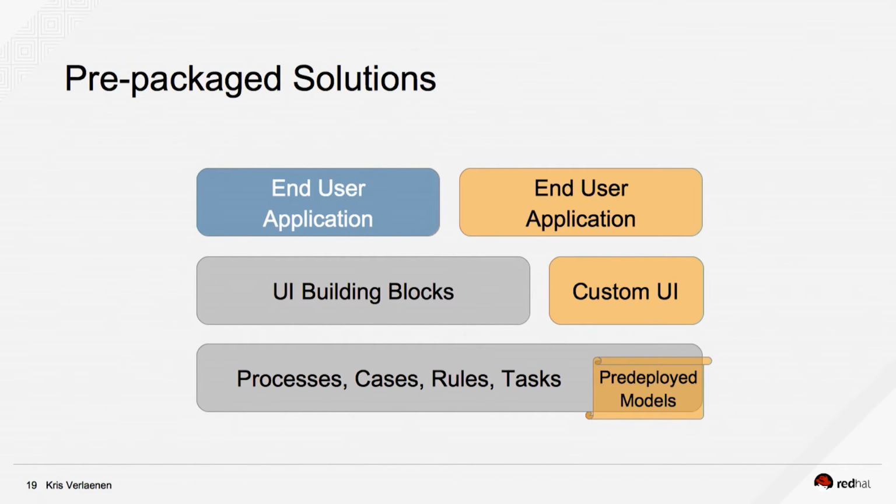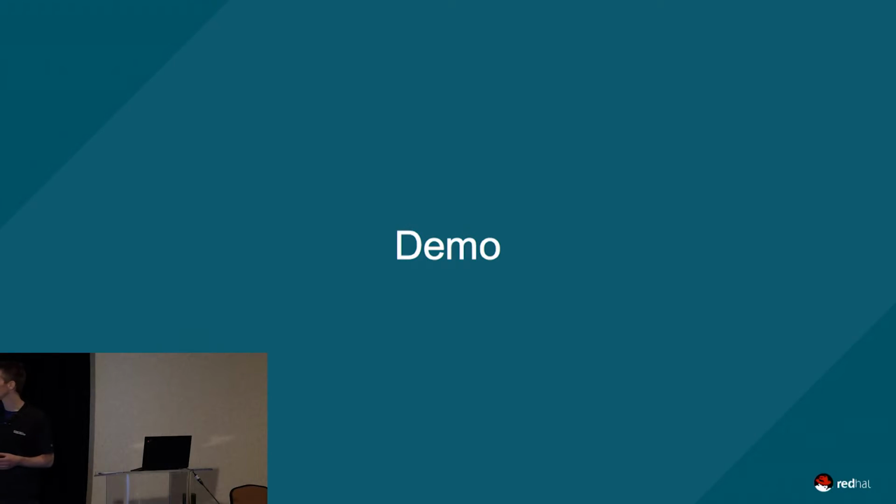It also allows you to build vertical solutions on top of the platform, because you can offer predefined cases, additional UI building blocks, or even pre-developed custom applications to your users, and they can then use the flexibility and customization to tweak them to what they need.